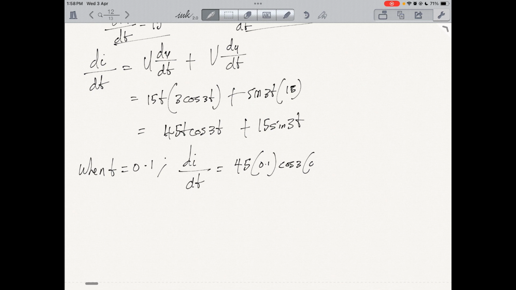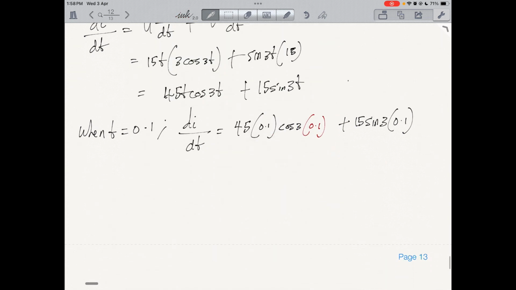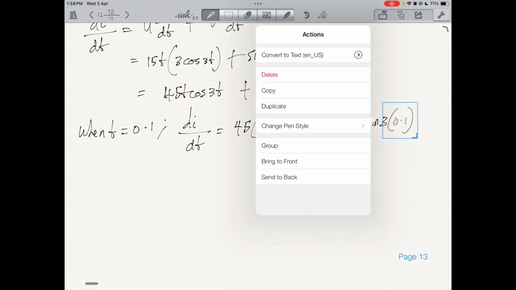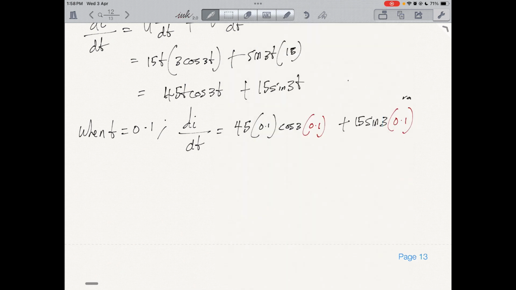We have to understand that the 0.1 here and likewise the 0.1 here are in radians.